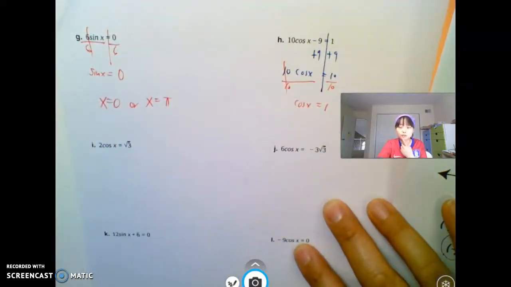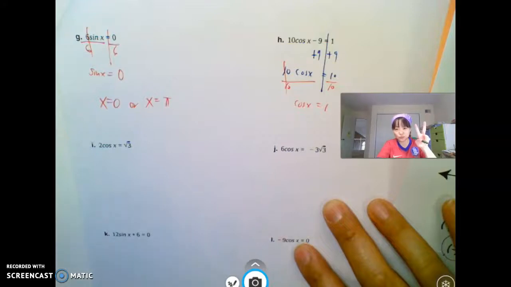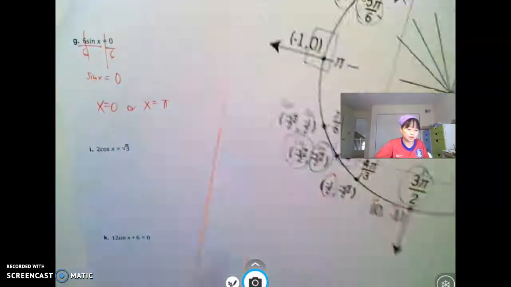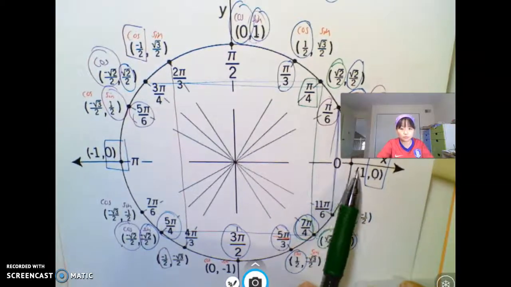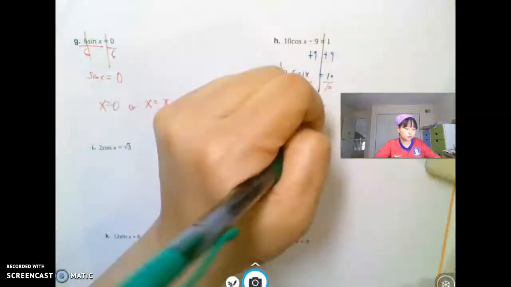That's a good way to remember. 1 solution. Got it? Everything else has two solutions, except if you get 1 or negative 1. So cosine is x. Where is x at 1? Just here at 0. Cosine. There. So 0.